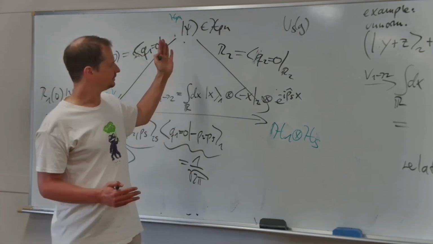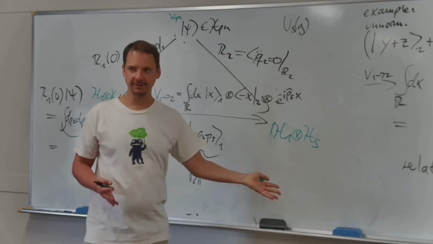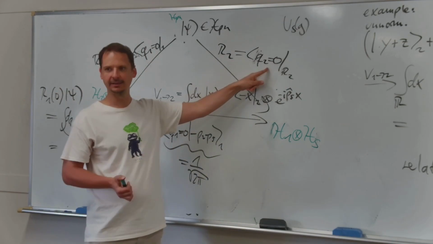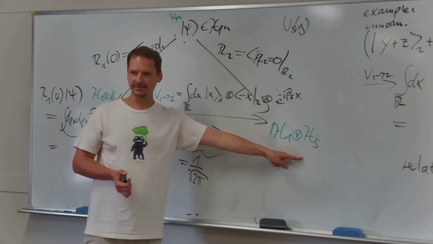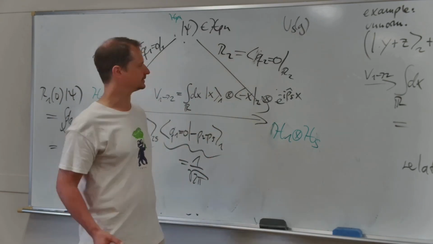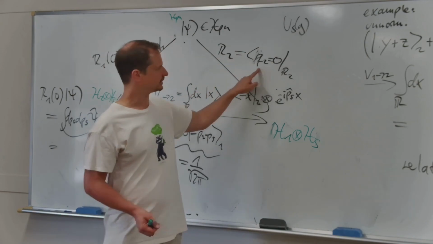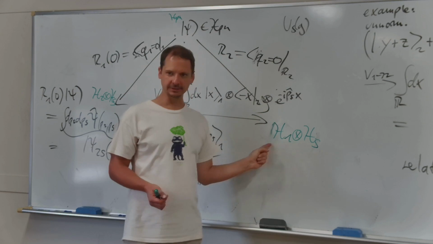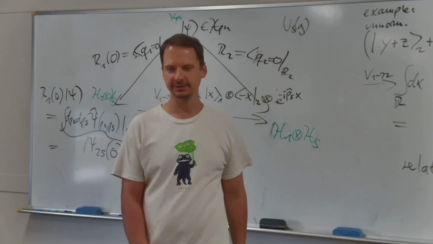That defines the tensor product structure in an abstract way, but you have to guarantee that if I change the gauge here, the tensor product structure doesn't change. And it does not change, because changing the gauge here is equivalent to doing a local unitary on this, which doesn't change the tensor product structure.